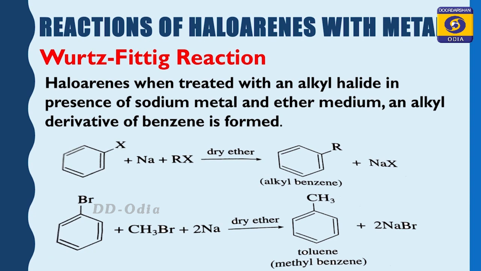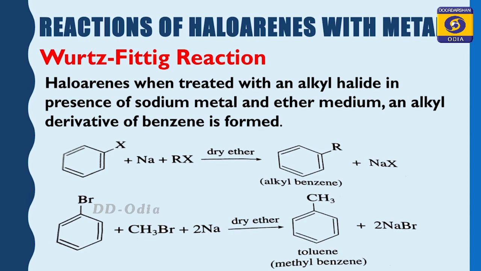But in the Wurtz-Fittig reaction, we take the alkyl halide as well as the aryl halide as reactants. That is, when haloarenes are treated with an alkyl halide in the presence of sodium metal in ether medium, an alkyl derivative of benzene is formed.